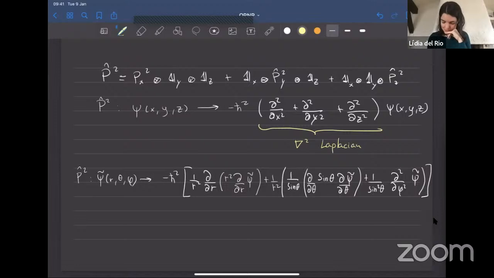In fact, this here looks a lot like the action of the angular momentum on the spherical wave function. So this is minus 1 over h bar squared, the total angular momentum acting on the wave function.